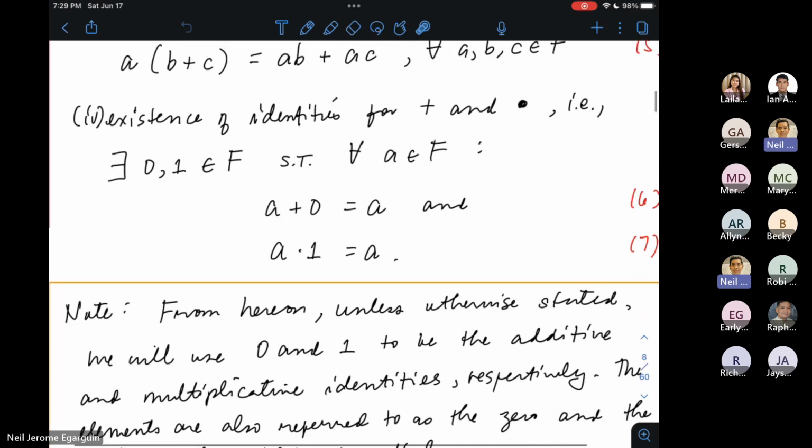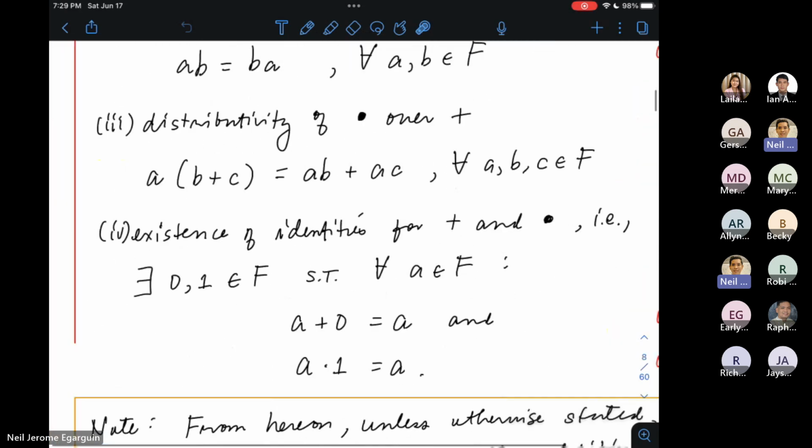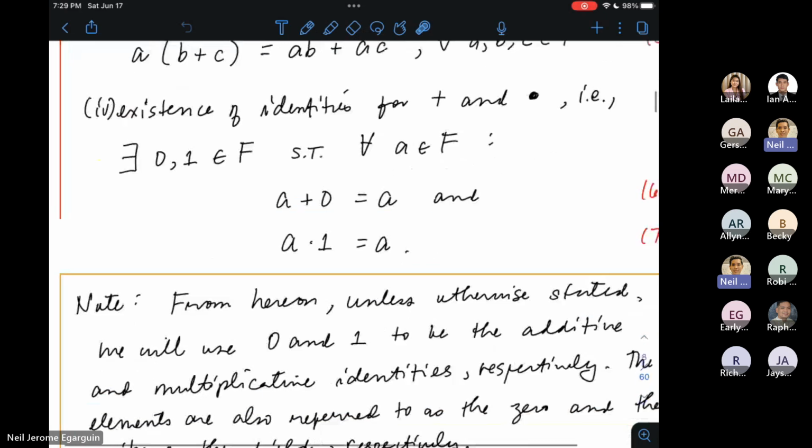Okay? And then pang-apat ay existence ng identities para sa addition at multiplication. Identities are members of the set F. Sila yung mga members ng set F na parang walang effect pag ginamit ko sa addition at saka sa multiplication. Right?